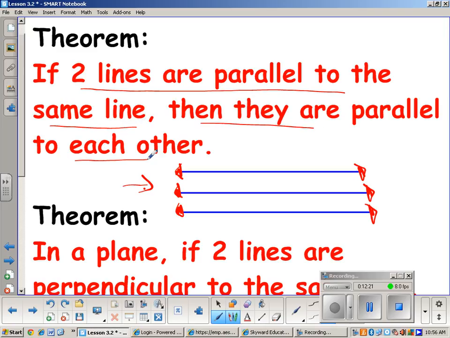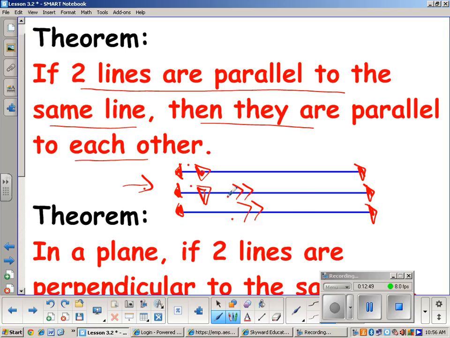So what are we saying? Let's say this line is parallel to this line, and this line is parallel to this line.